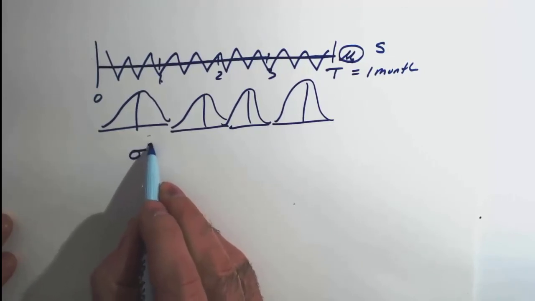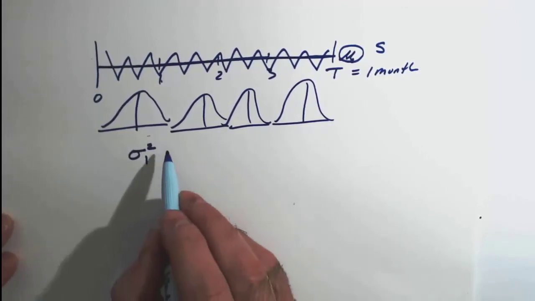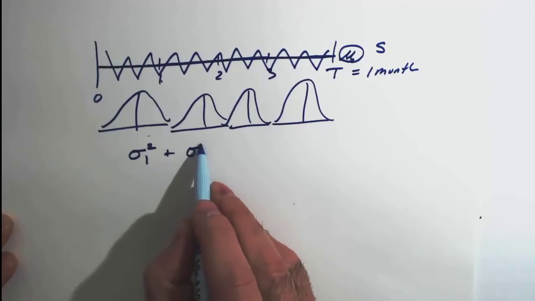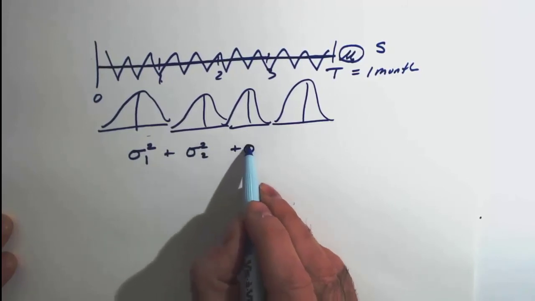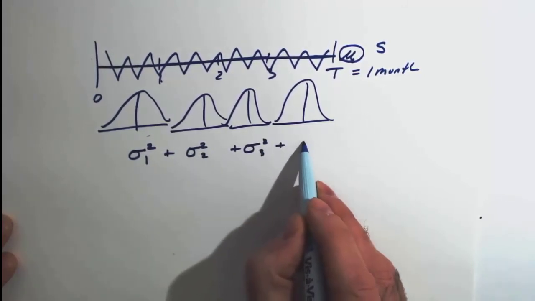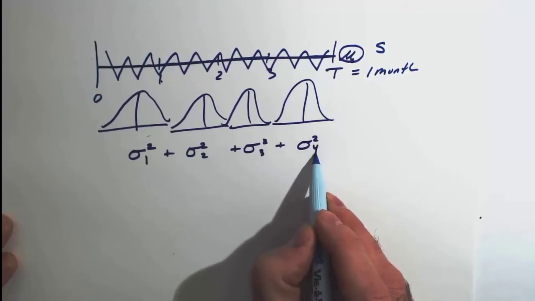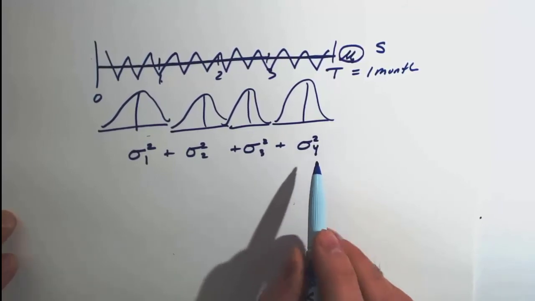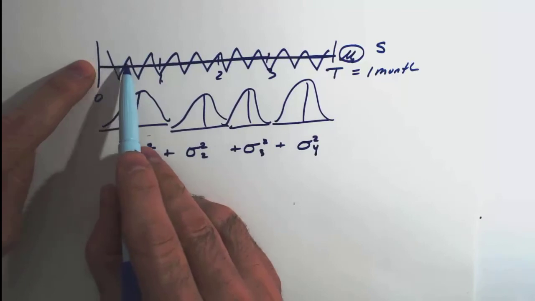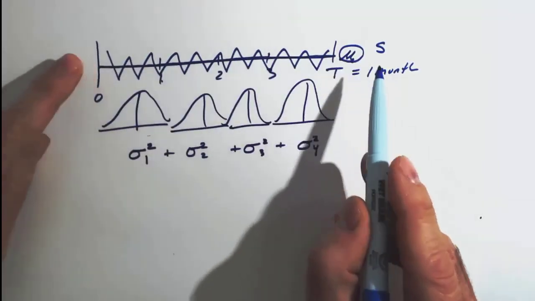Mathematically, you can say it's the variance of week 1 plus the variance of week 2 plus the variance of week 3 plus the variance of week 4. What I'm getting at is I'm trying to calculate the variance for this whole time frame.